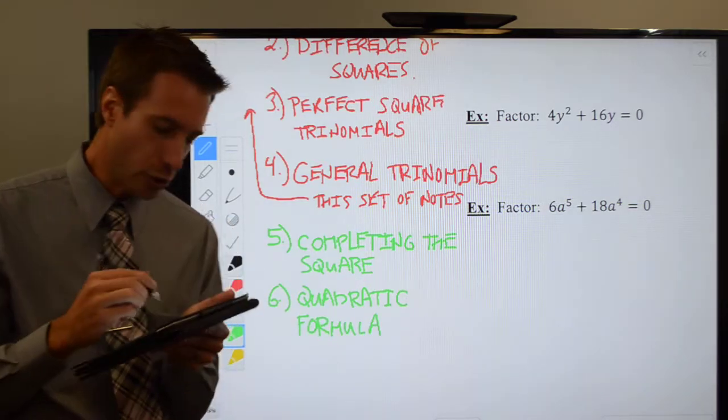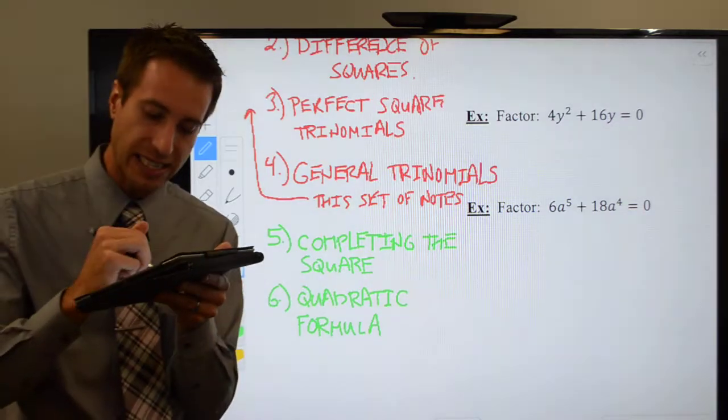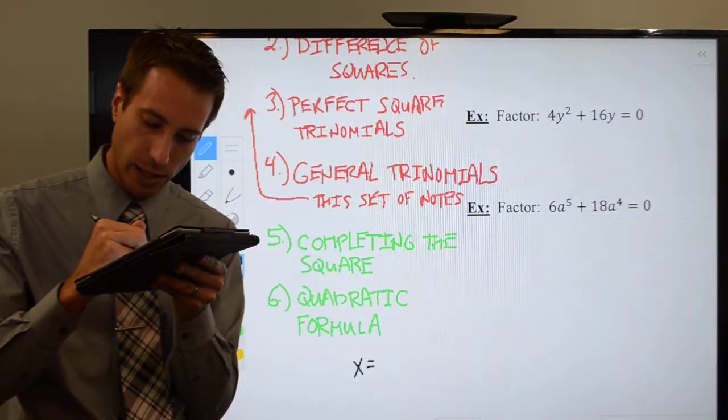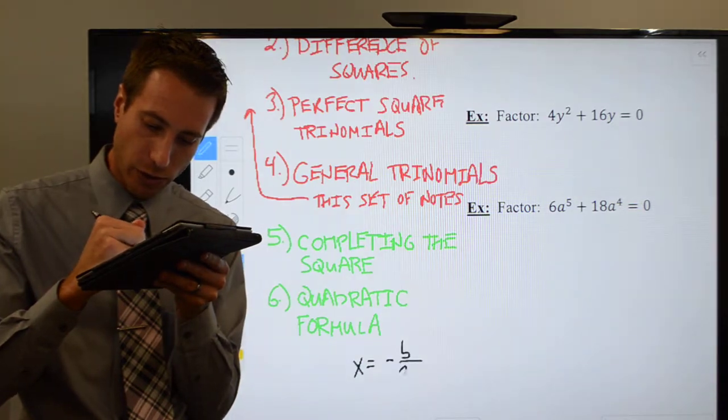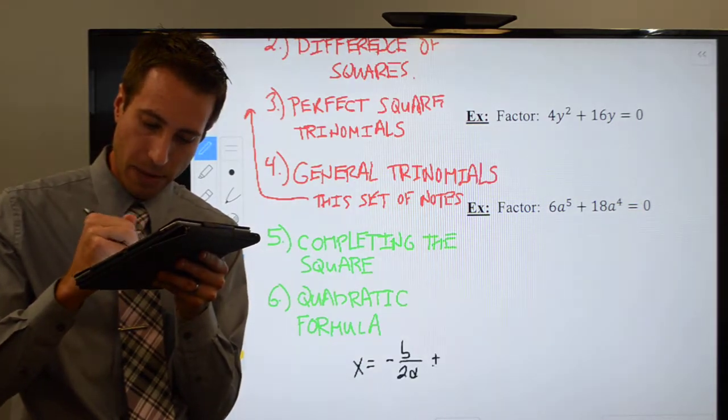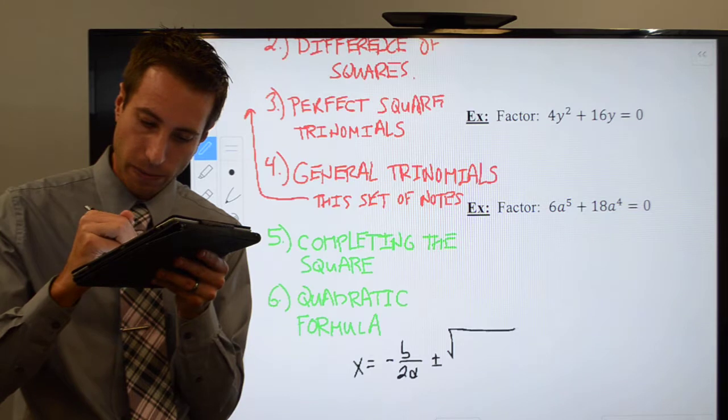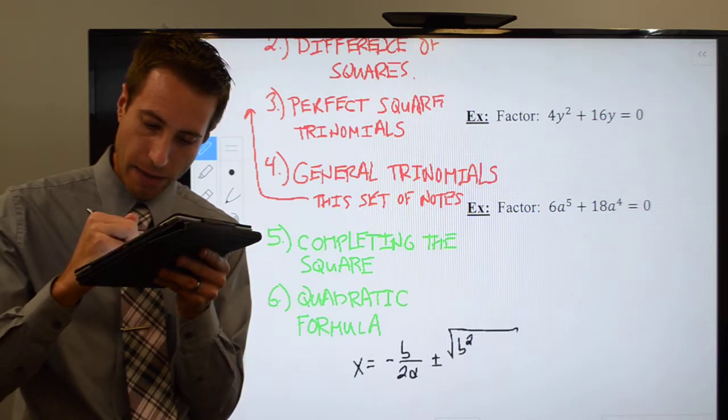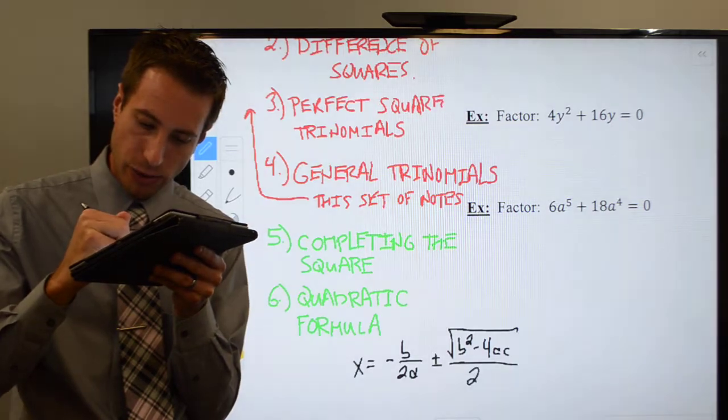And yes, you guessed it, the quadratic formula is that trusty old x is equal to negative b over 2a plus or minus the square root of b squared minus 4ac, all divided by 2a.